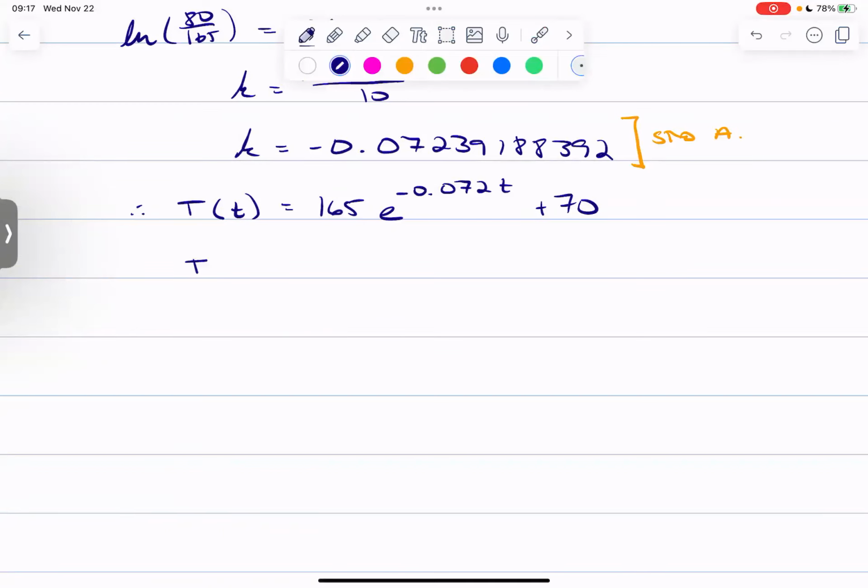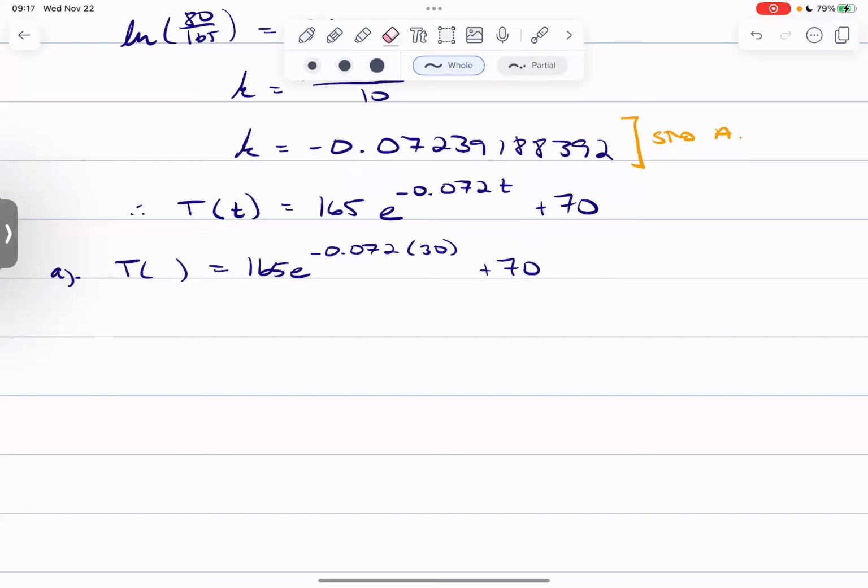So T of t is 165 e to the negative 0.072, but I wanted t to be 30. So I'm going to do that and then go back in here and change this to 30.